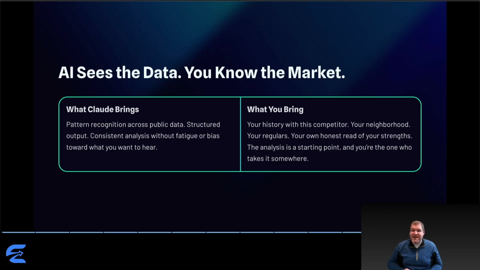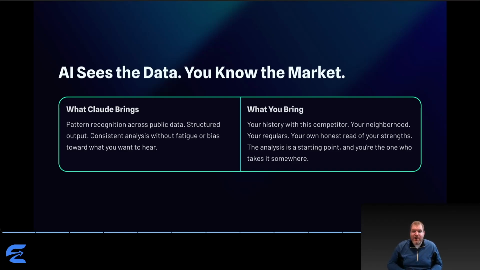Claude is genuinely good at pattern recognition across a set of public information. It doesn't get tired, it doesn't have a prior relationship with your competitor, and it doesn't see what it wants to see. That's useful. But Claude doesn't know your neighborhood. It doesn't know your history with this competitor, who their regulars are, or what your own honest gaps look like.